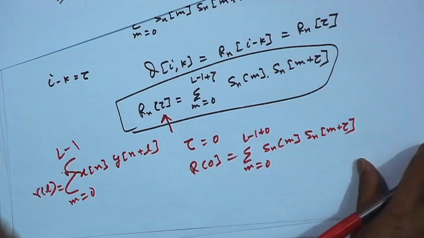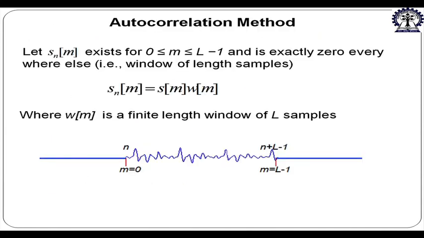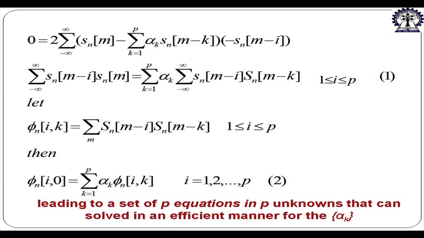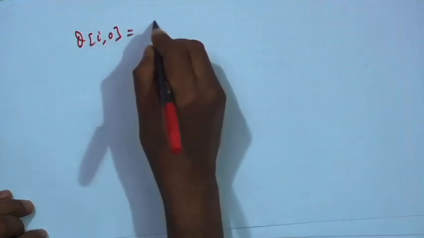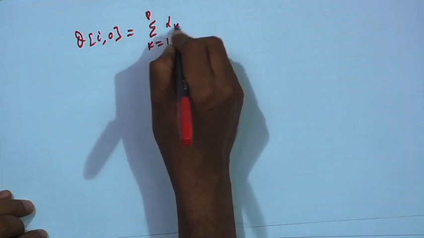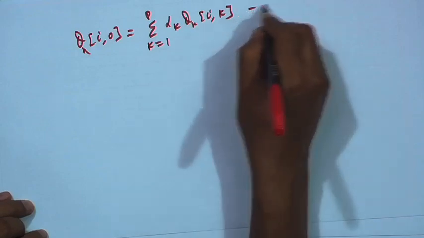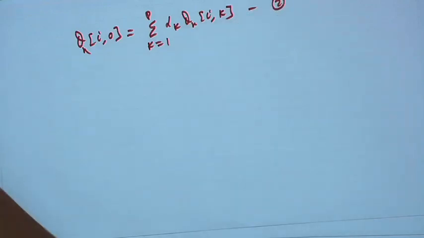Okay. So, let us take equation 2, which is phi_n(i, 0) equal to the sum over k equal to 1 to p of alpha_k phi_n(i, k). This is equation number 2, which we have already derived.